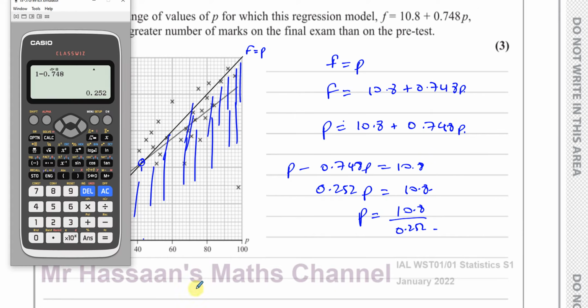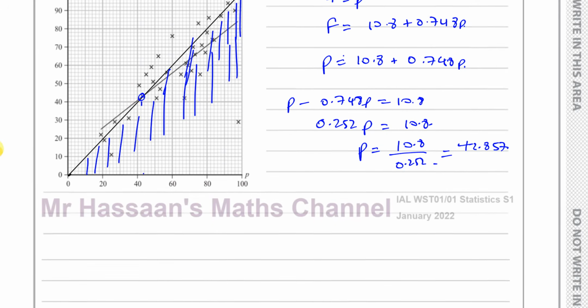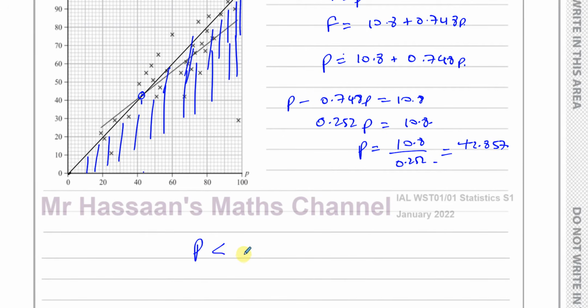So I'll do 10.8 divided by the answer, which gives me 42.857. So we can say that when P is less than 42.8 or 42.9, we could say 3SF.